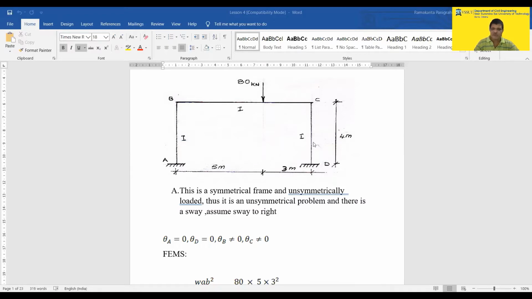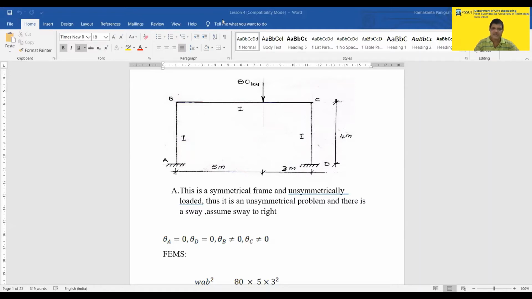So from this problem, what we can see is that theta A and theta D will be 0, and because it is not symmetrical, there will be sway of the frame. You may assume sway towards right or left, and we are assuming positive towards right, so we will take sway towards the right direction.